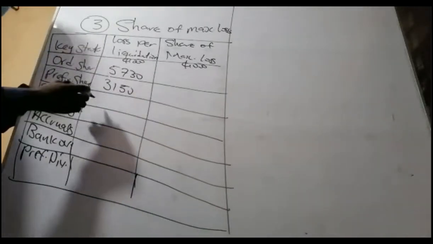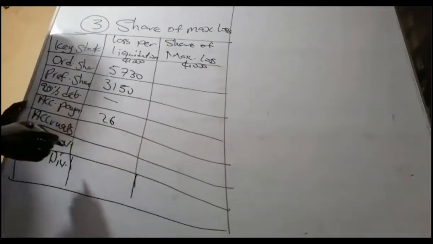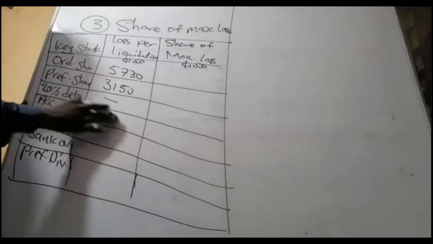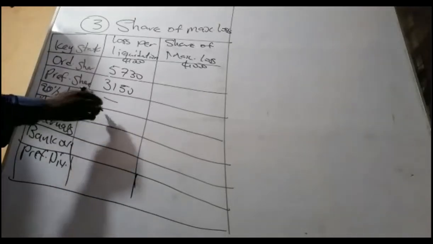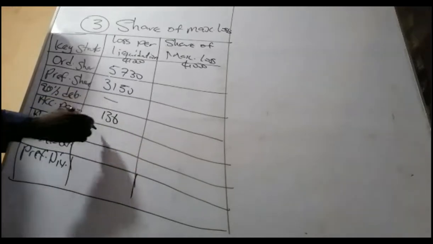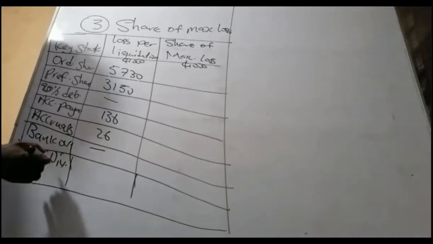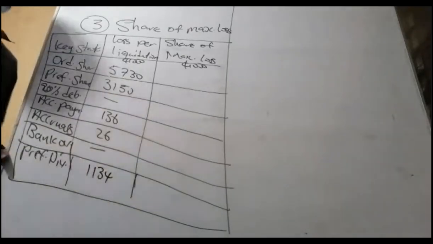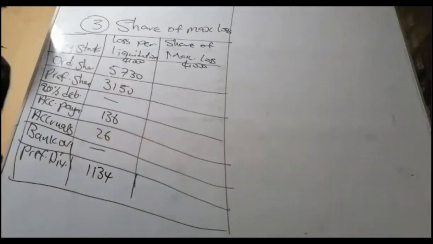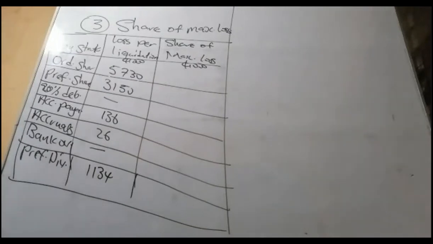Then the debenture holders, they are not losing anything. Accounts payable is 136, accruals 136, bank overdraft, then preference dividend in arrears 1,134. So this is the loss per liquidation.